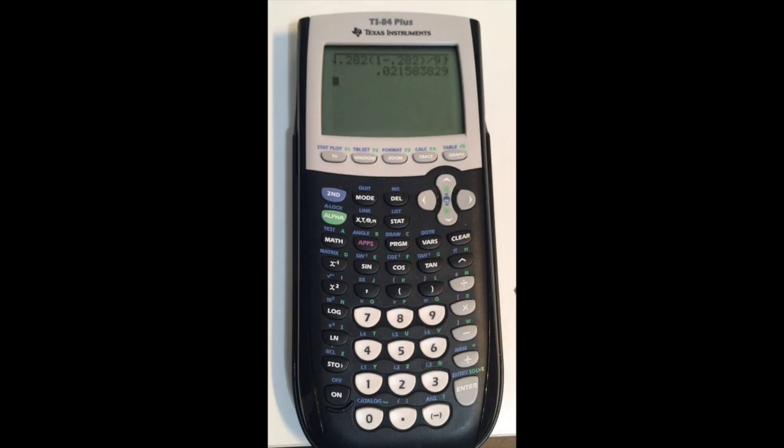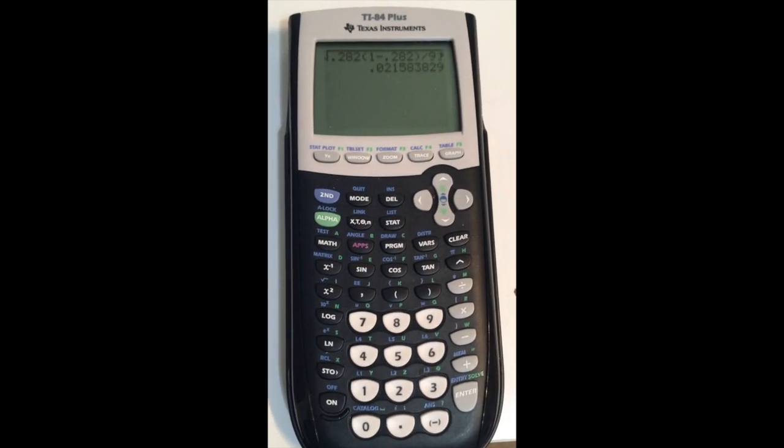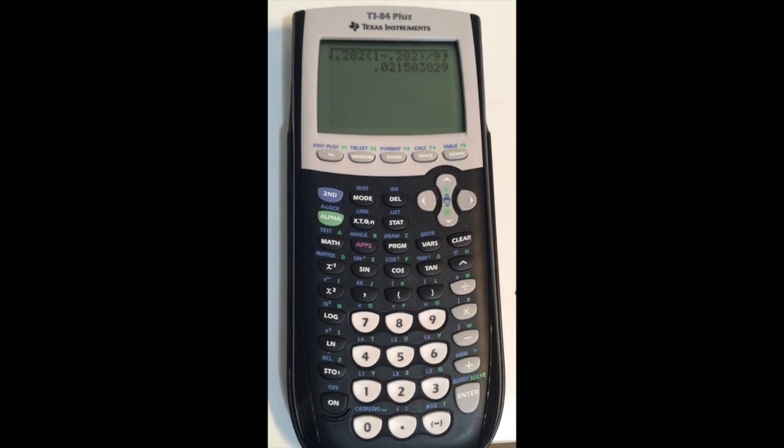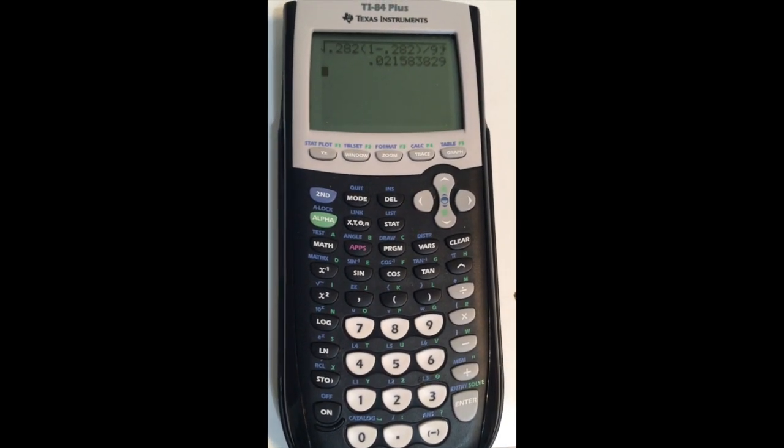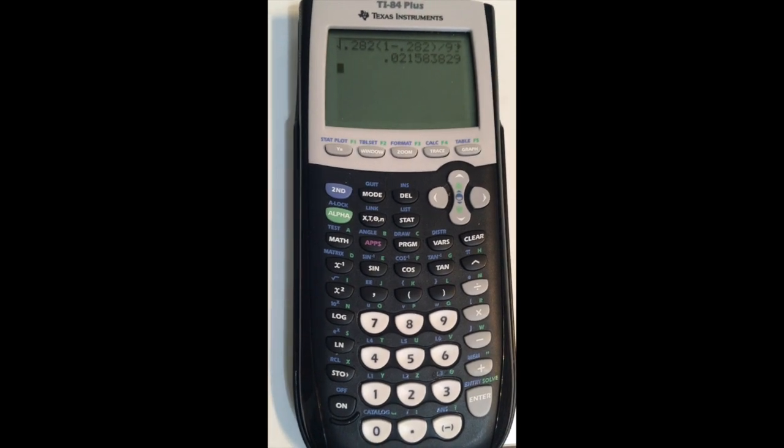So when I hit enter on this, I get 0.022.